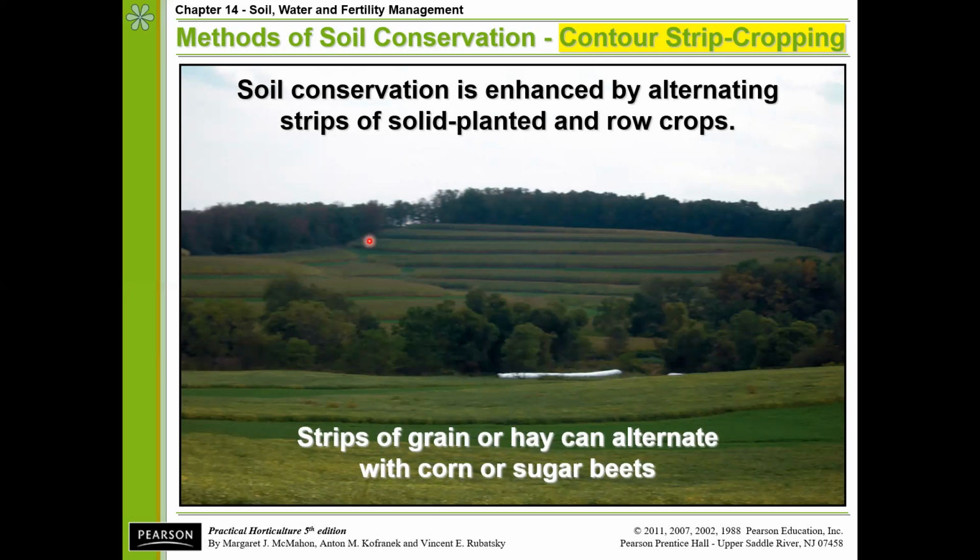So let's say we have wheat planted here, and then maybe a ground cover of rye or something like that. Whatever it is, maybe you have pasture grass, hay in between, areas of corn. But again, you want to practice that on the contour itself. So strips of crops with strips of something else that doesn't require as much working of the soil. Same deal, holds water, holds soil in place.